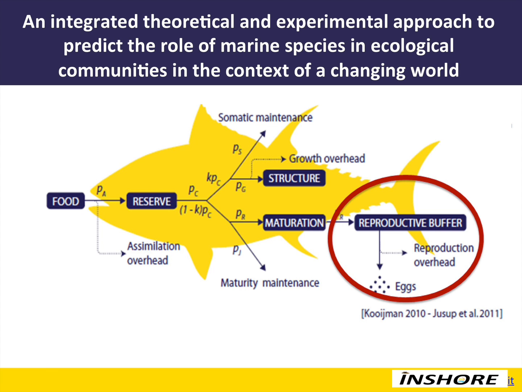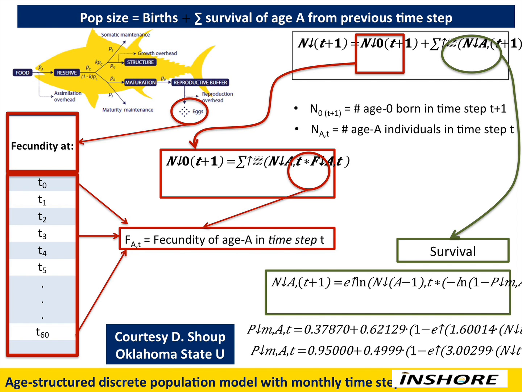And this is the main output. The idea is to feed a population dynamics module with eggs, an age-structured discrete population model with a monthly step.